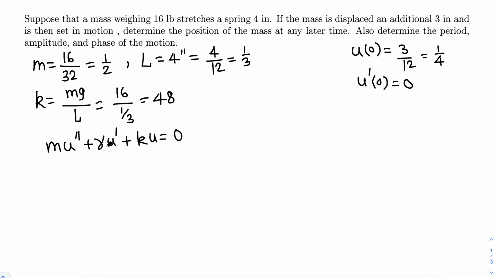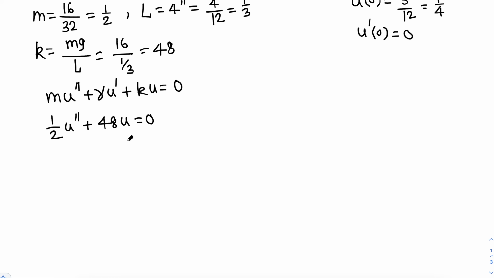That's the damping constant. So m is 1/2 u double prime, this is 0, plus k is 48 u equals 0. Let's solve this second order homogeneous linear equation. 1/2 means we can multiply by 2 throughout, then this becomes u double prime plus 96 u equals 0.